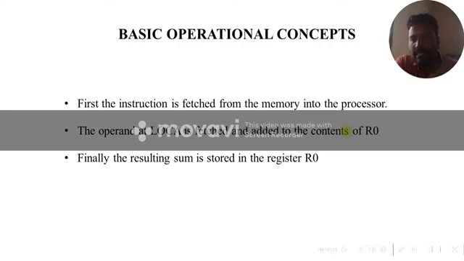R0 is nothing but a register. R0, R1, R2 are general purpose registers. They are used for storing and retrieving a particular type of data into the memory. Finally, the result is stored in the particular register that we specify. Here R0 is the register name that I have given.